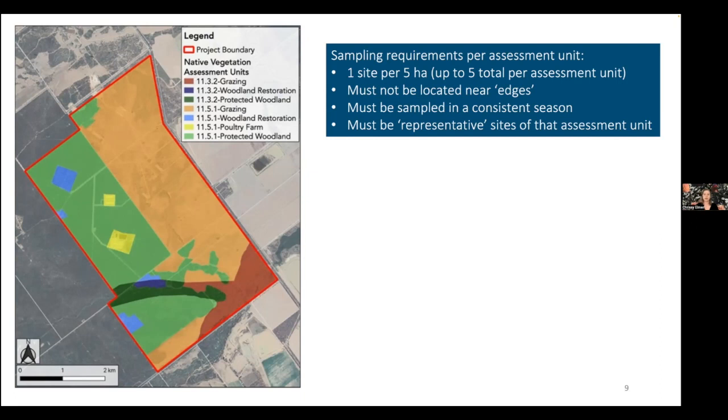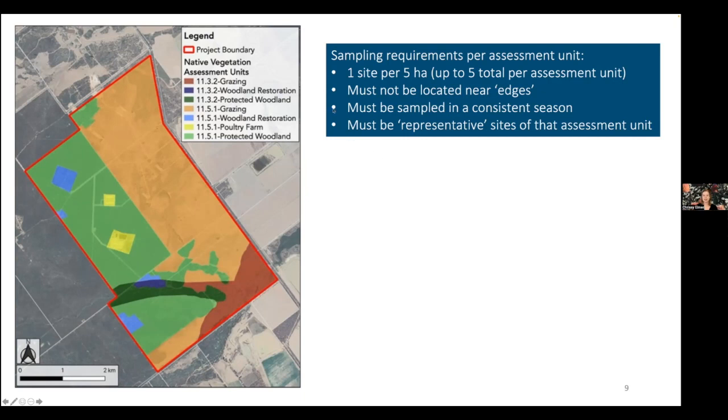The method then goes on to detail that sample sites should not be located near edges. And so edges are broadly defined as a change in, well, an edge between the assessment units would definitely be an edge. An edge could be a fence, an edge could be a road or a lake. So you want to be located in a relatively homogeneous area.